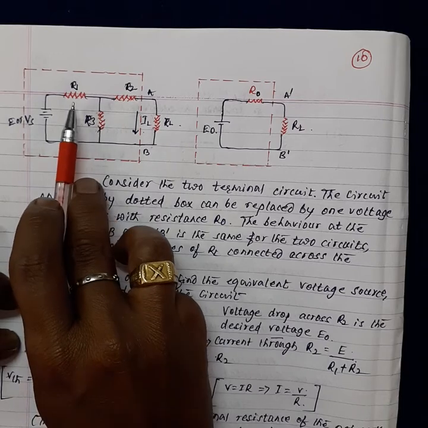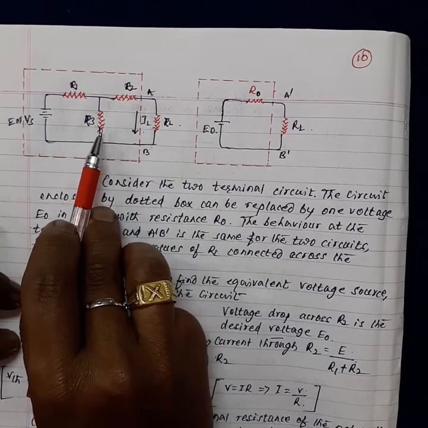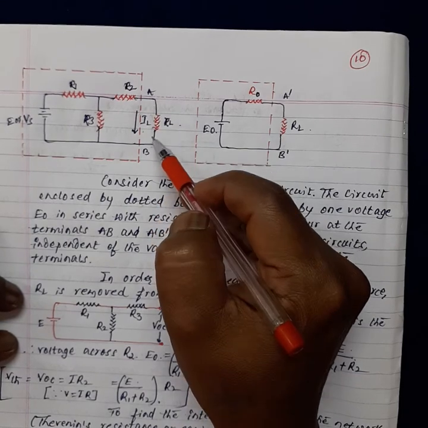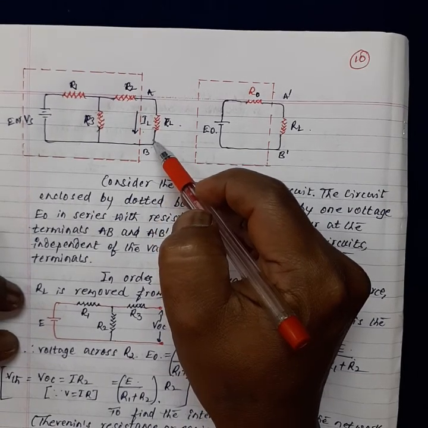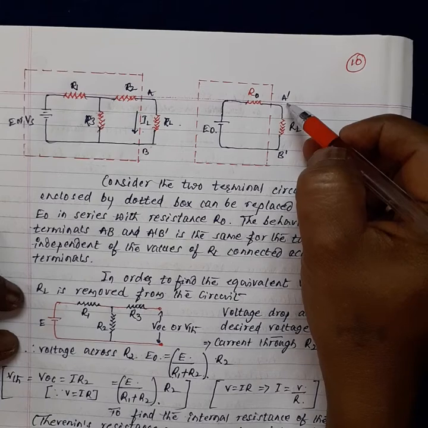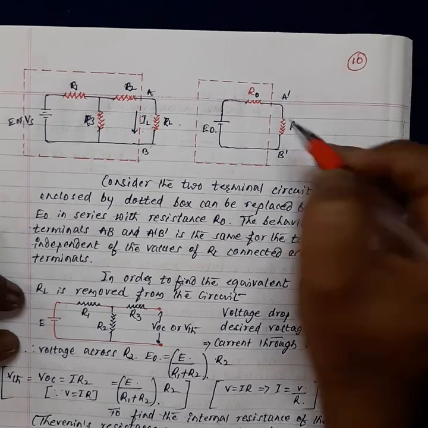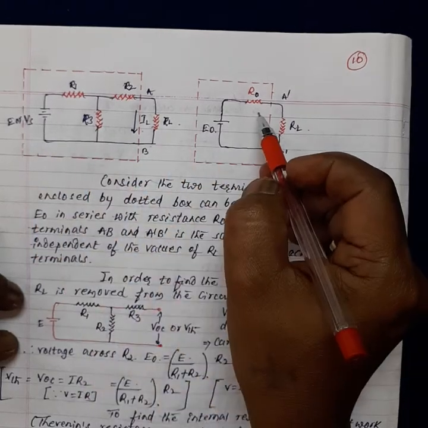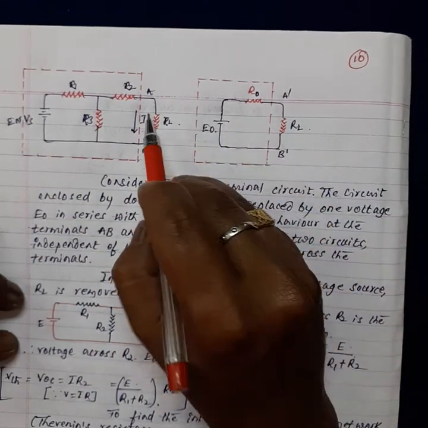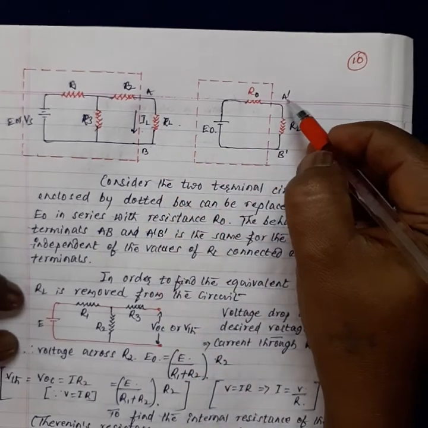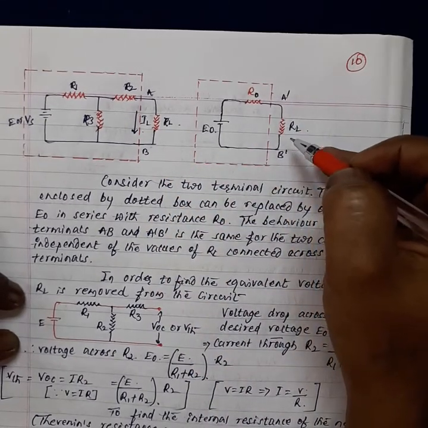After connecting R1, R2 and R3, if I measure the output at the terminals A and B, it is equal to the equivalent circuit drawn, that is A dash, B dash. When the internal resistances are converted into a single resistor, the outputs at A and B and A dash and B dash are the same.